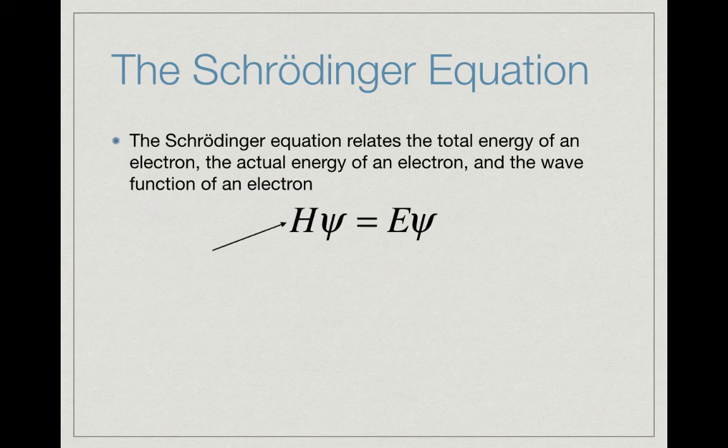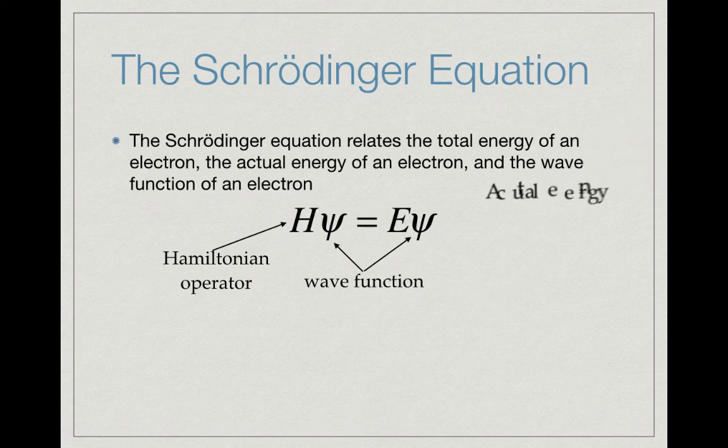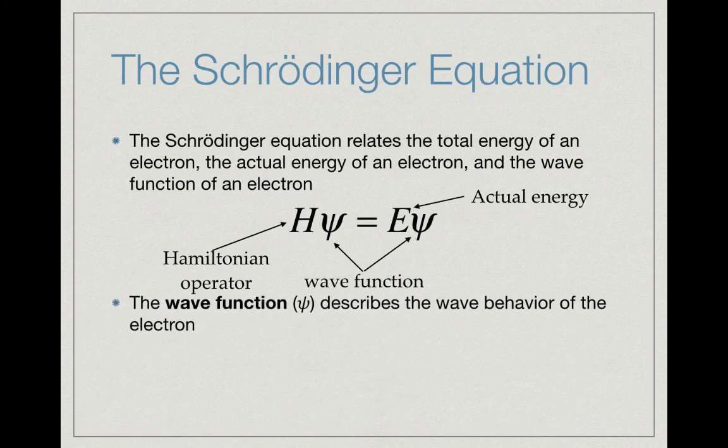The capital H there is what's called a Hamiltonian operator, and so it's something similar to a differential. Psi is our wave function, and E is the actual energy that we have for an electron. Now that wave function psi describes the wave behavior of the electron as it travels around the atom.